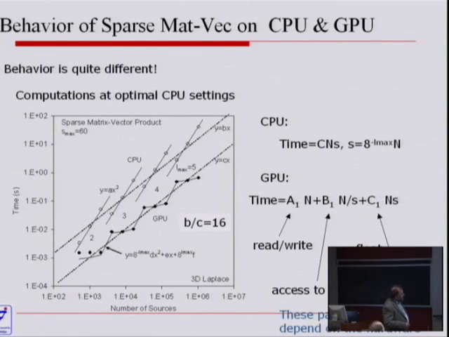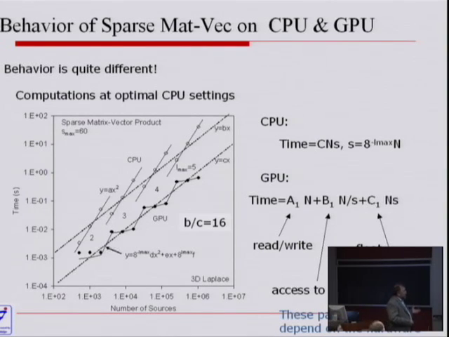On the other hand, if you compare this with the GPU, it looks like a kind of step function. So what does that mean? Inside the level, the time to compute this problem almost doesn't depend on the number of particles. What it depends on is the number of boxes.